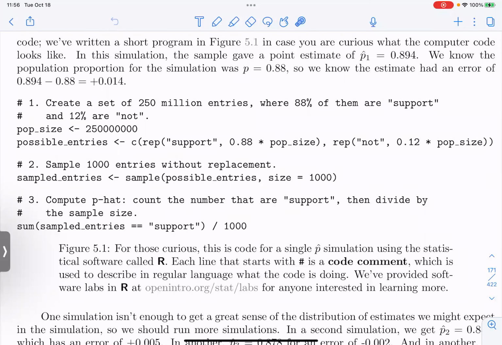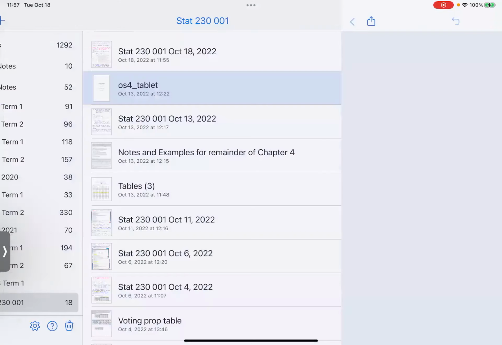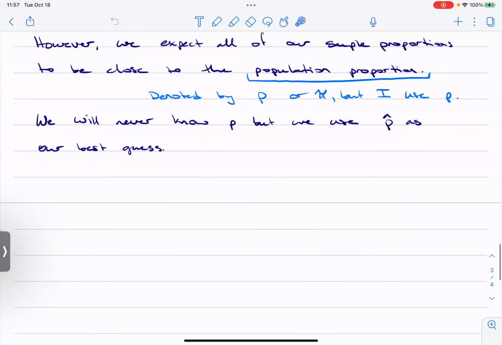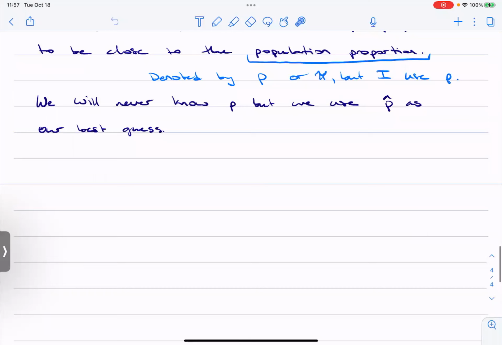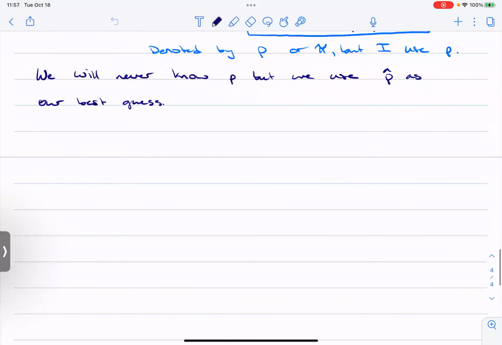And then what's going to emerge is a normal distribution of p-hats. That's what they did way back when, before computers. You can imagine how long that would take, but they did it. And now we can just use it as fact.